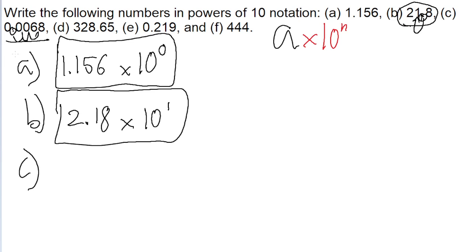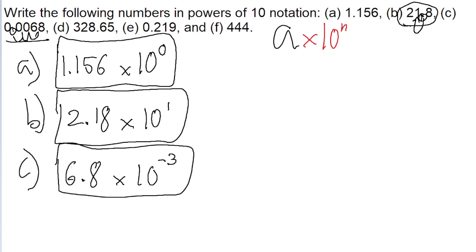So we'll move it 3 spaces to the right so that we have a value of 6.8. But now the number's too big, so we counteract this by choosing a smaller power of 10. Well, we shifted the decimal point 3 places to the right, so we should be multiplying it by 10 to the power of negative 3. So this will make it smaller by 3 decimal spaces. So that is the answer to part C.